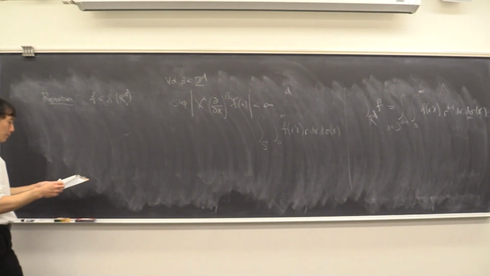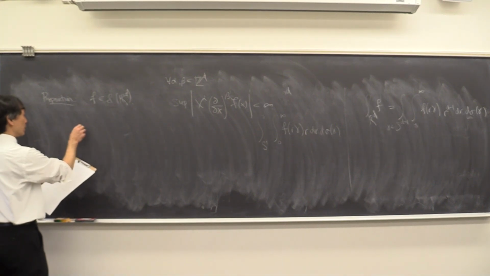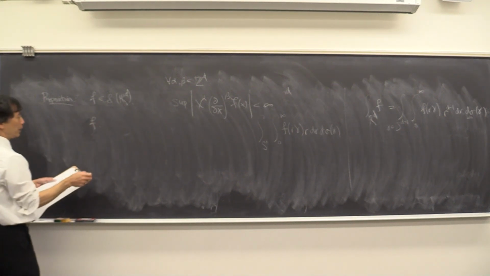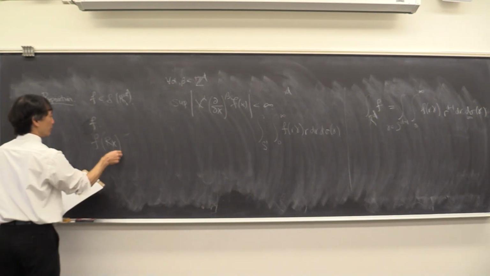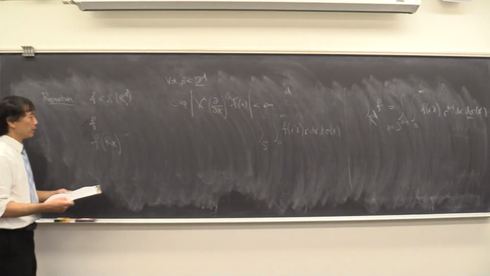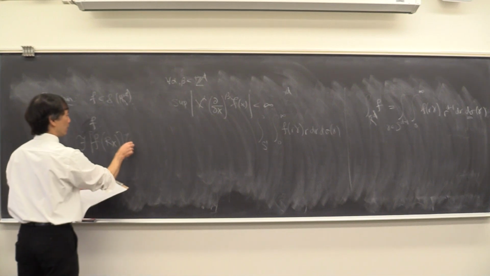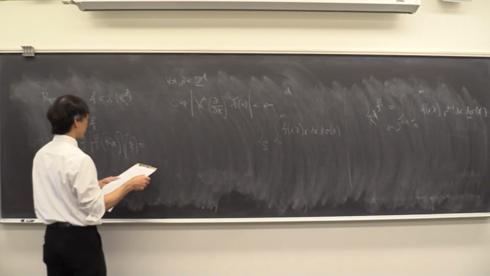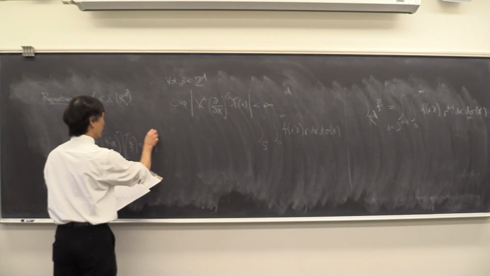And then one thing that's going to be useful for us is that if you start off with your function and then you create another function which is the rotation, you rotate the input before putting it in, if you take the Fourier transform of that, then that turns out to be the rotated Fourier transform.